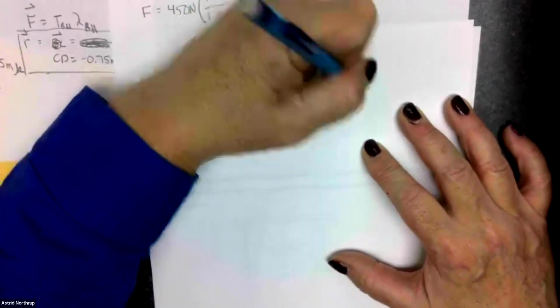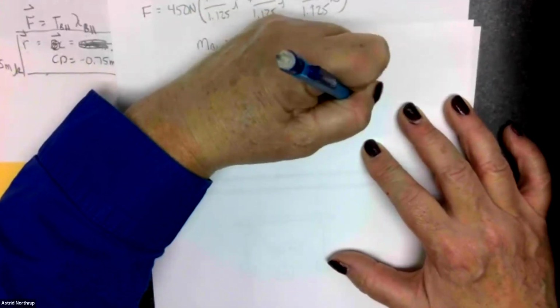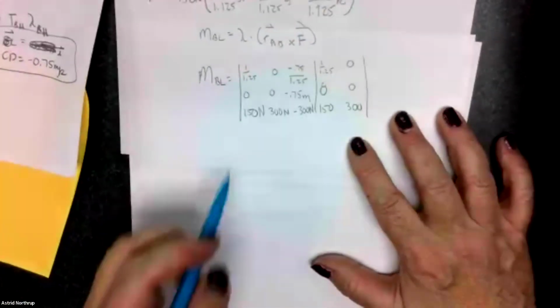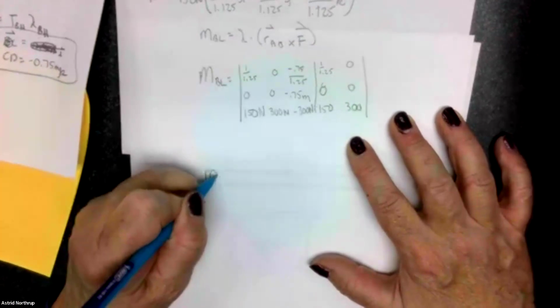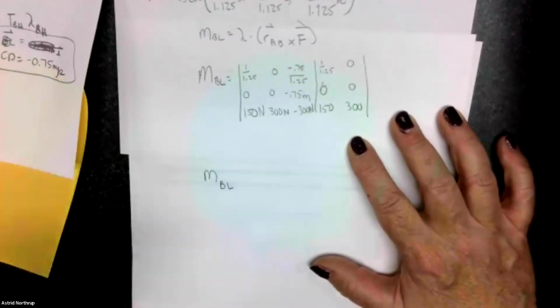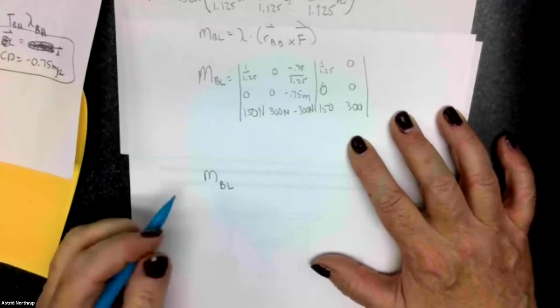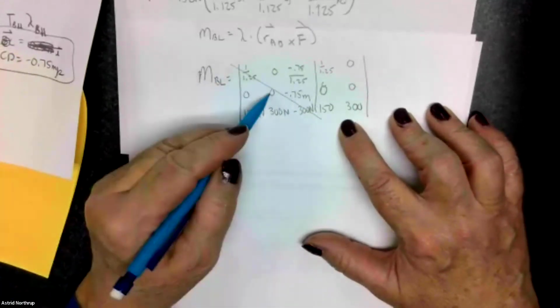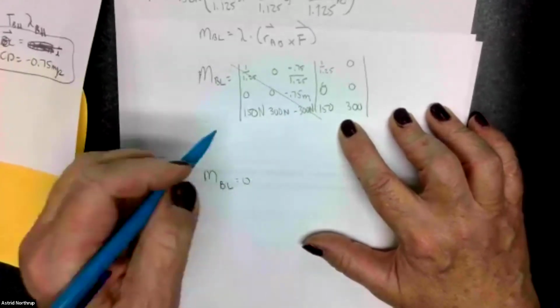And I have lots of zeros, which is really super because that makes for lots of things multiplied by 0. So things turn into 0. So then I can say the moment about that axis AD from this force is going to be this multiplied together. But since there's a 0, that's 0.